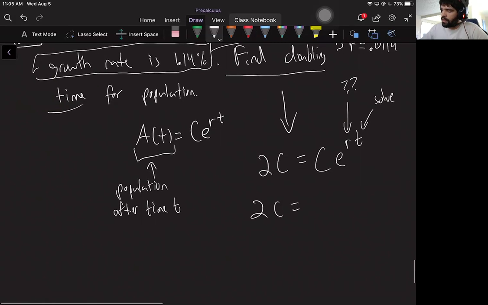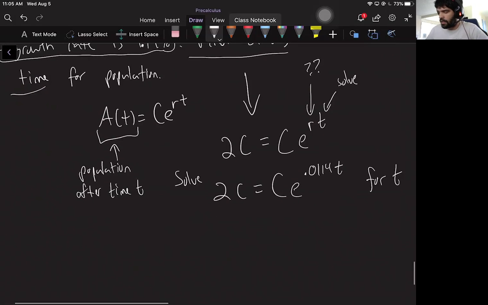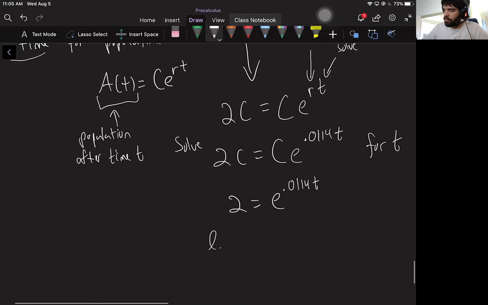So what we have to do now is solve this, 0.0114 t, for time. Again, I can divide out the c's, and then I can log both sides with the base e so that the one on the right vanishes very nicely.